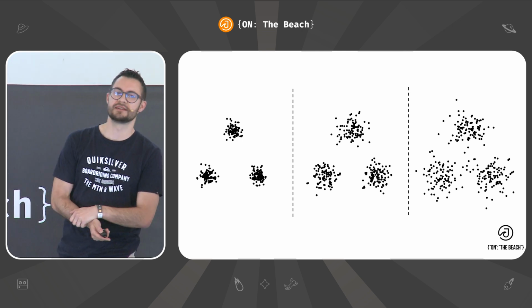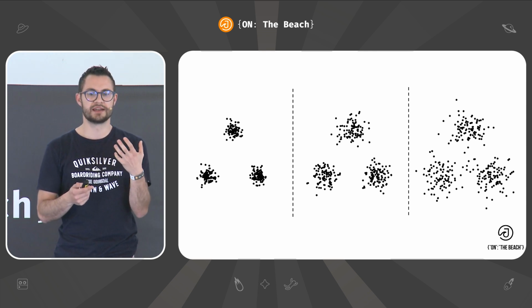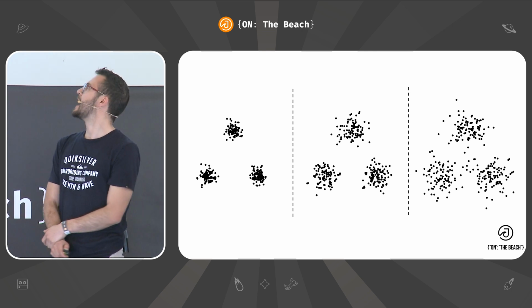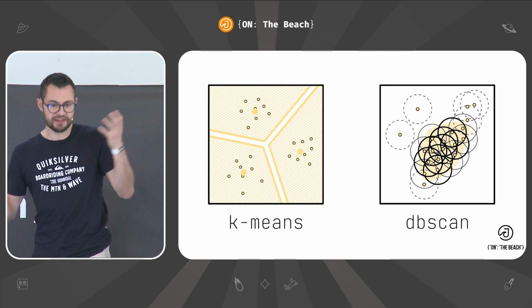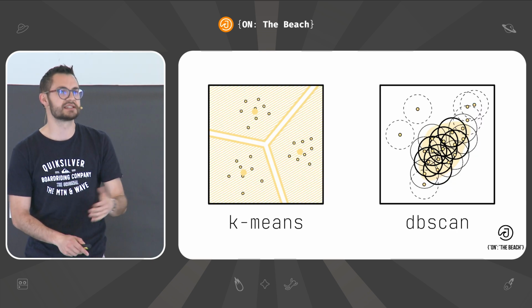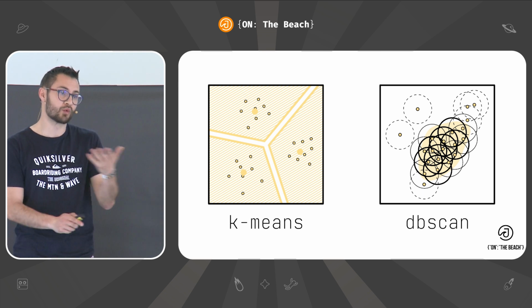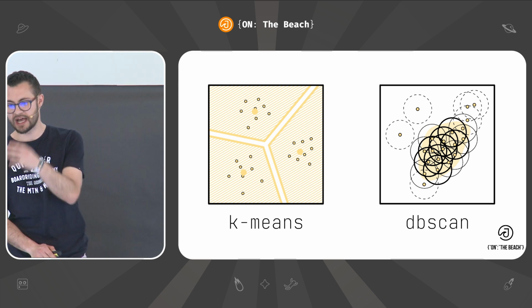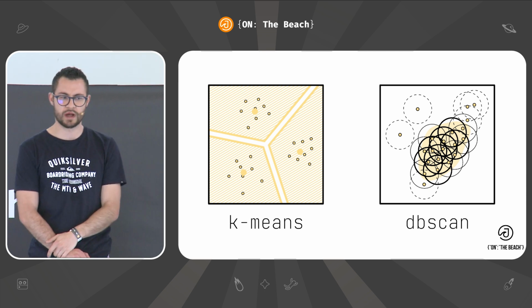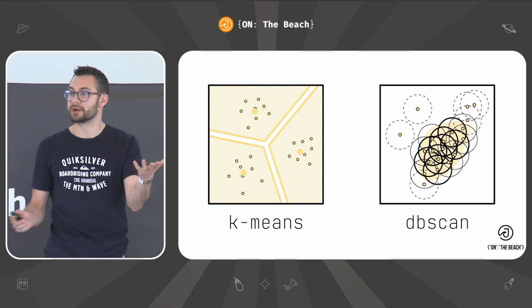So perhaps the algorithm also has probably a hard time doing this task. Well, but hey, there are some algorithms that make this task, and they do it quite well. For instance, we have k-means and DBSCAN and many other algorithms, each one with its own properties.